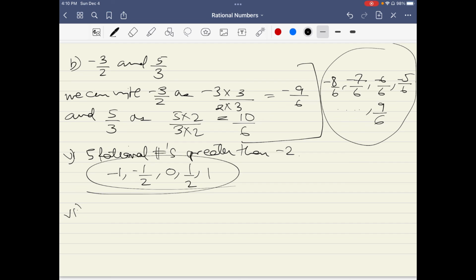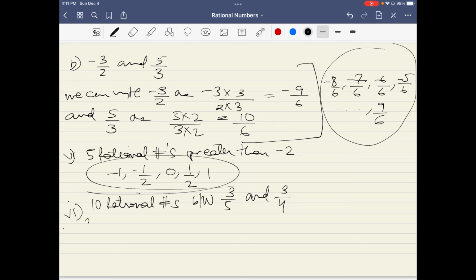Now, let's do the last question for now, which is find 10 rational numbers between 3 over 5 and 3 over 4.